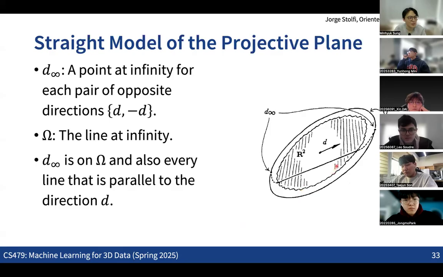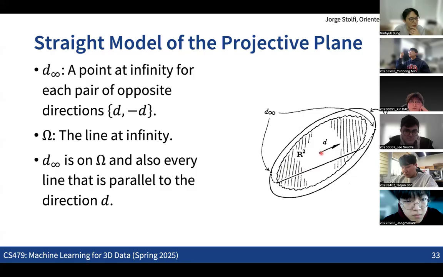Especially in the simple 2D case, we are expanding the 2D plane like this, while at the end, if you go to infinity here, there is one line which is connecting all the points at infinity, right?